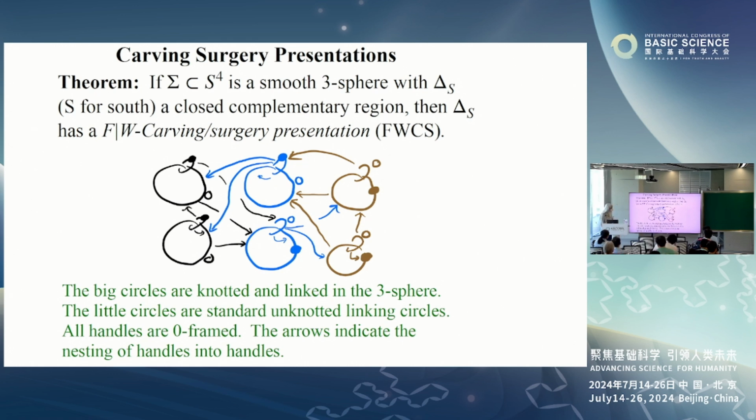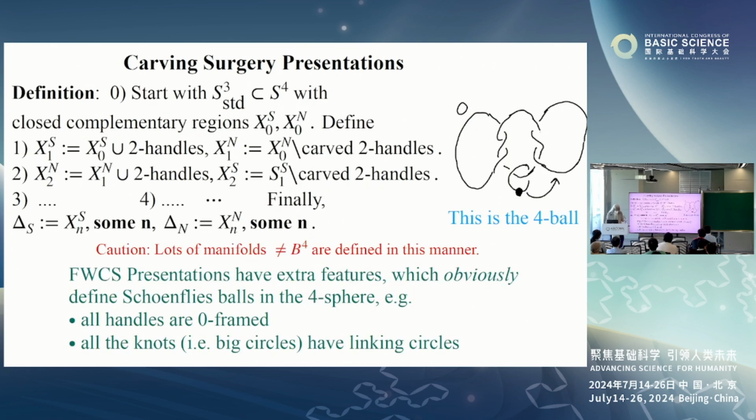now I'll tell you the next thing. It's the idea of carving surgery presentation. This diagram is supposed to give a schematic for it, but maybe just go straight to the definition. So you can imagine, here we are in the 4-sphere, and here's the standard 3-sphere, and the standard 3-sphere bounds the southern 4-ball and the northern 4-ball.